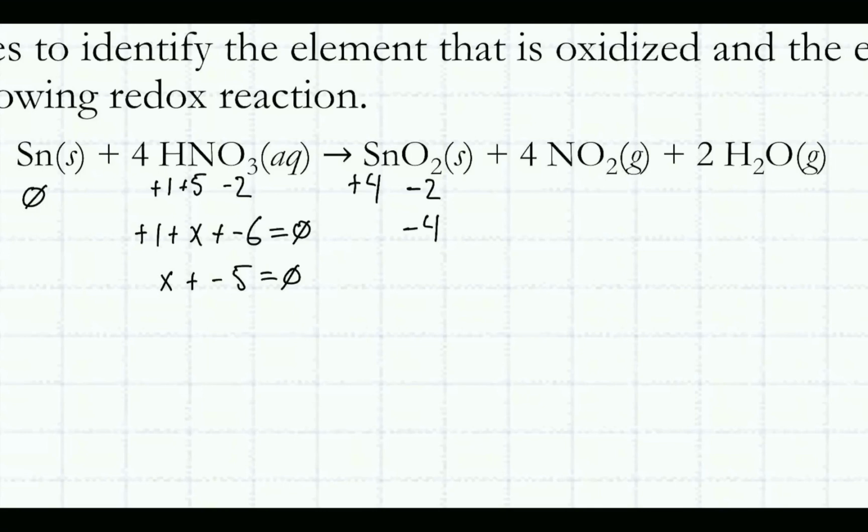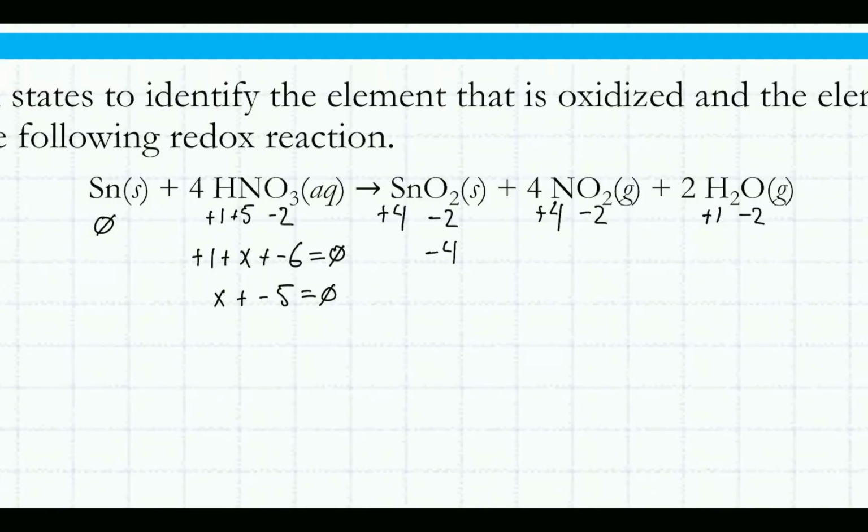How about nitrogen dioxide? Again, what gets assigned first? Oxygen again. So nitrogen is +4. And water is nice and easy because hydrogen and oxygen both get their preferred oxidation states.